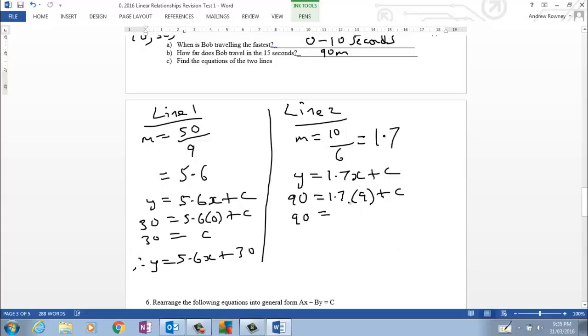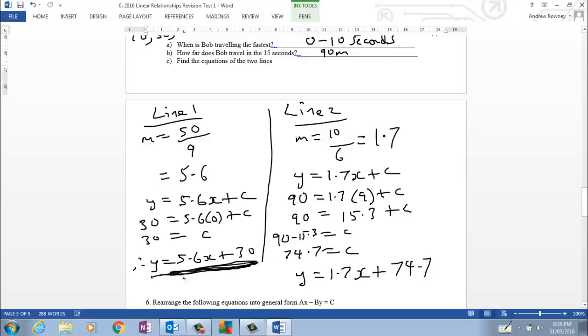Now 1.7 times 9 is equal to 15.3, and now we have to subtract 15.3 over to the other side, and so we get positive 74.7. So our equation is y equals 1.7x plus 74.7. So there's equation 1 and there's equation 2.